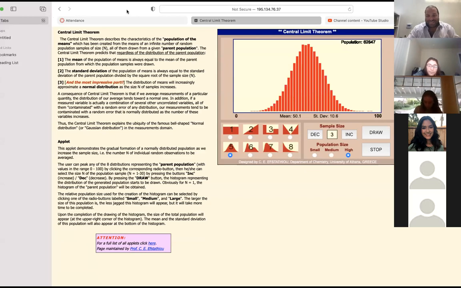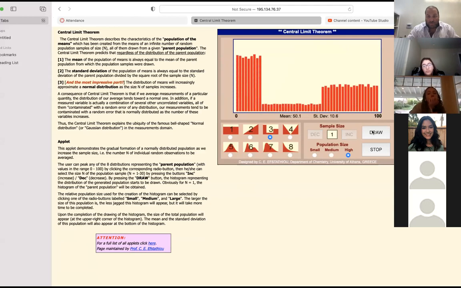Give me something that's as far from normal as you can see amongst these 8 distributions. Which one is decidedly not bell curved? I have some votes for 3. Okay, so let's go with 3. First, let's draw 1. Let's write down the mean and standard deviation for this one.